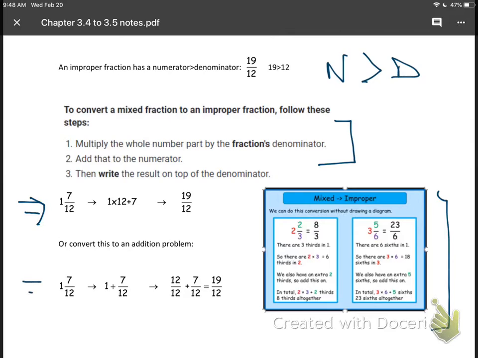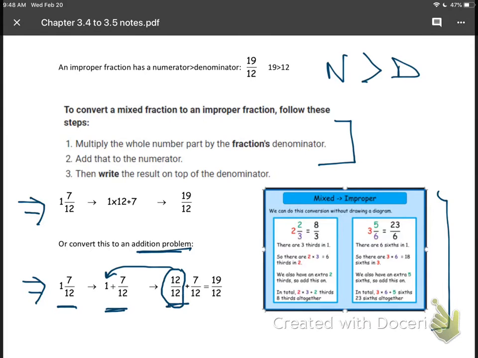Another thing you could do that our authors did not mention is convert your mixed number into an addition problem, because this is really 1 and 7/12. The "and" means addition, so it's 1 plus 7/12. 12 over 12 is an equivalent fraction to 1 over 1.